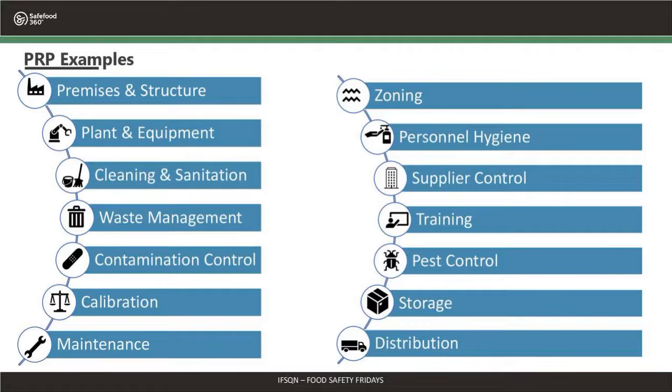Having PRPs in place is all about creating an environment suitable to produce safe and legal food products. You can see PRPs as a foundation, essentially. If you have ever Googled PRPs and the difference between PRP and CCP, you may have come across a pyramid with PRP on the bottom, OPRP in the middle, and CCP on the top. So you can consider your PRPs as a foundation.